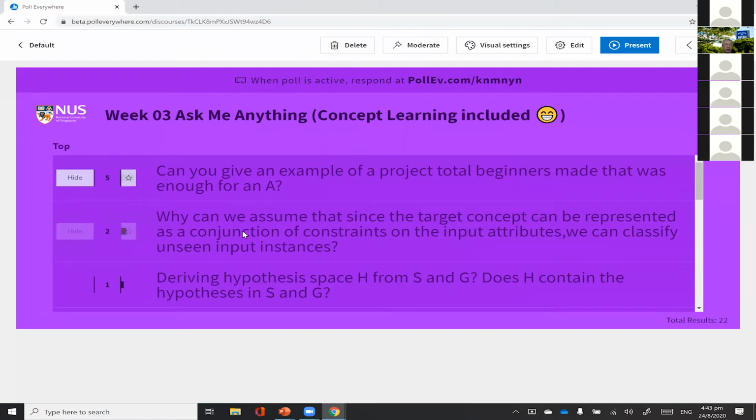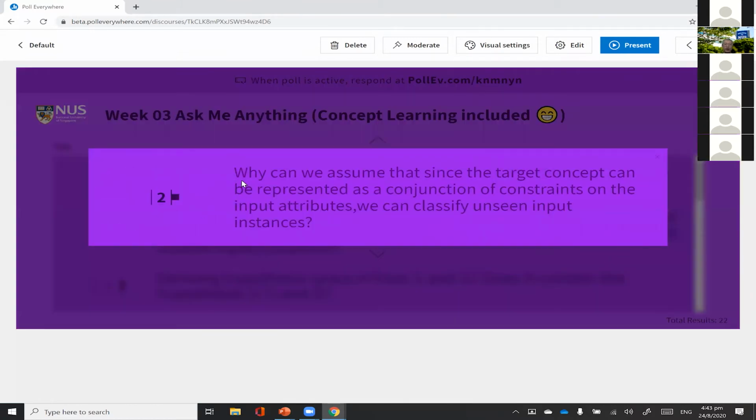All right, so let's answer this one. Why can we assume, since the target concept can be represented as a conjunction of constraints on the input attributes, that we can classify unseen input instances? Okay, we can't assume that actually.